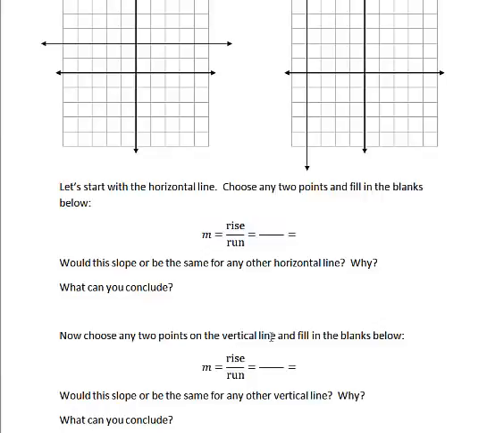What about the vertical line? Sort of a different outcome here. If I go to the vertical line, and again you could pick any 2 points, we don't have one that's further to the left or the right. They both have the same x coordinate. If I call the one on the top the first and the one on the bottom the second, then to go from the first to the second, I don't have to go left or right.